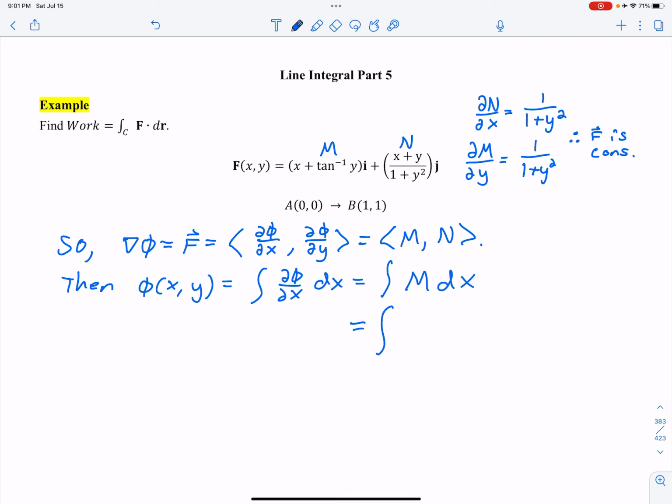I'm going to go ahead and plug m in there. It's x plus inverse tangent. And before you freak out with the inverse tan, it's in terms of y. That makes our life much easier for the moment. So this x grabs an x, and then also this tangent grabs an x, plus h of y.